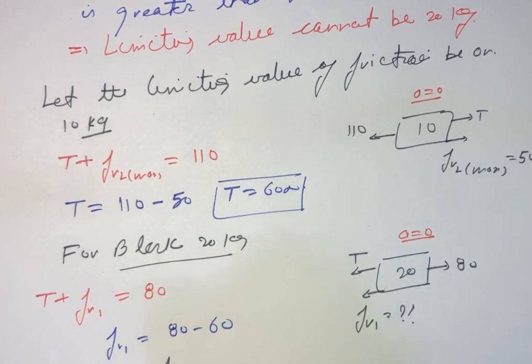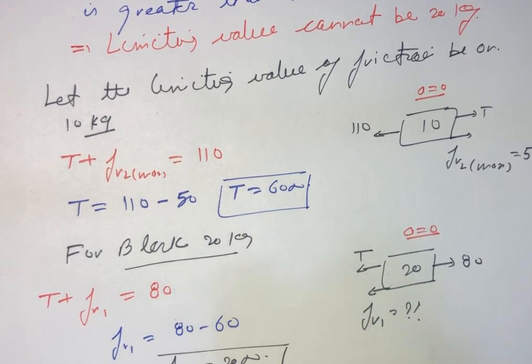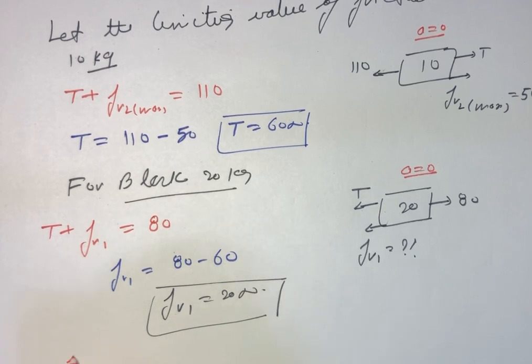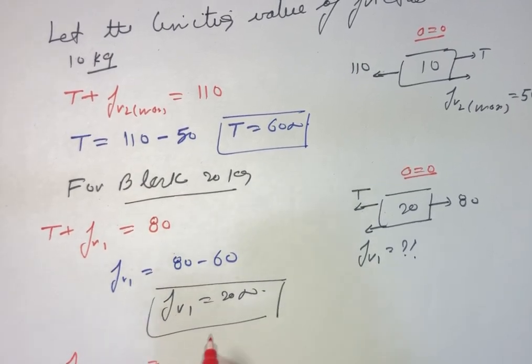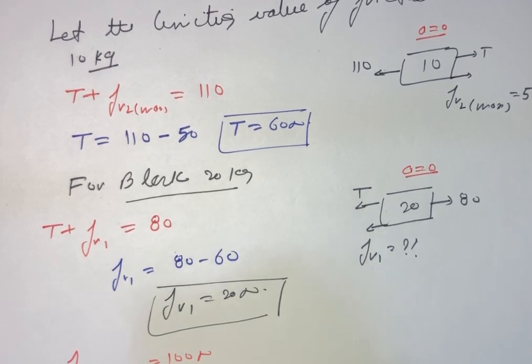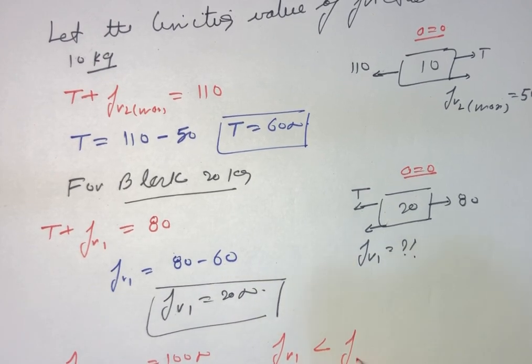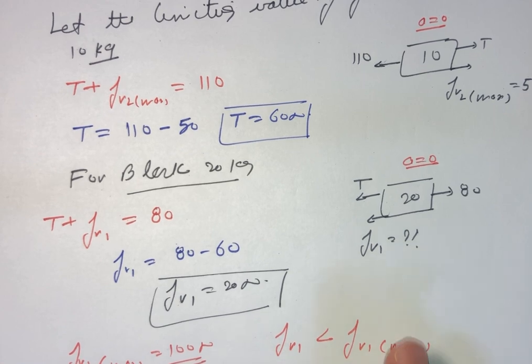So we get FR1 is equal to 20 Newton, and FR1 max is 100 Newton. Okay, it means required value FR1 is less than the maximum value. So basically this means our assumption is correct.